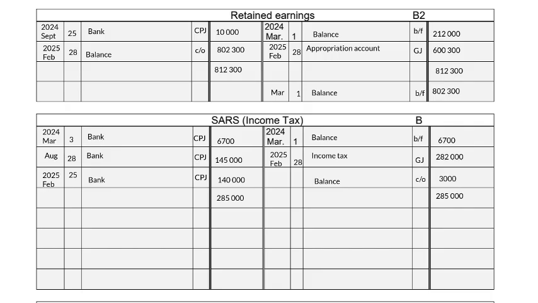So on the debit side, March the 1st, we will have a balance brought forward of 3,000.